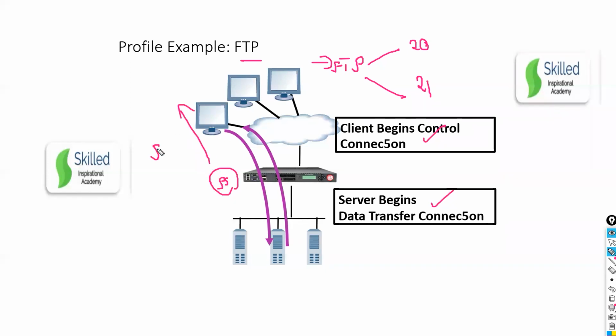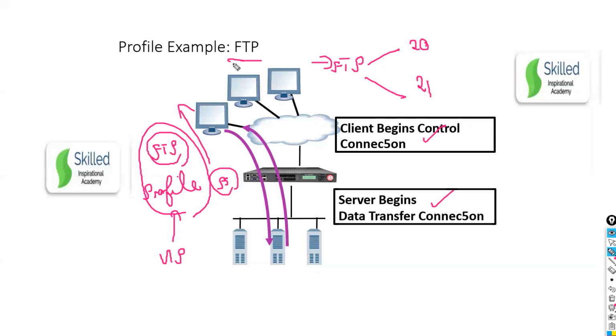That is via the FTP profile. You will create a virtual server with an FTP profile. Until you call an FTP profile on a virtual server, F5 will never determine it. So to determine a traffic or a protocol, F5 needs a profile.